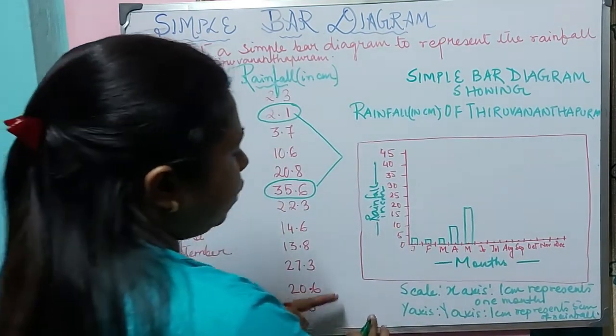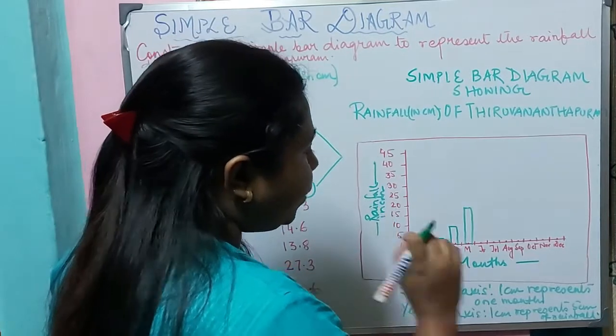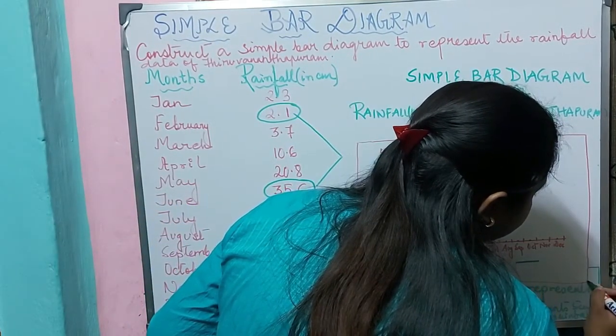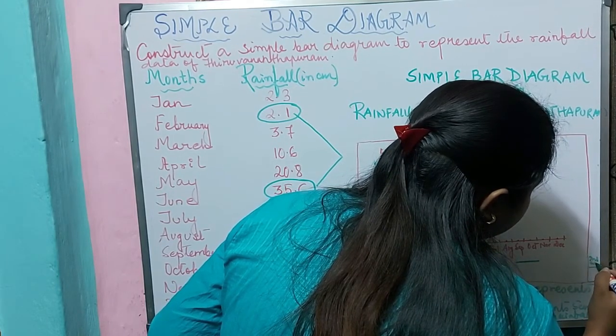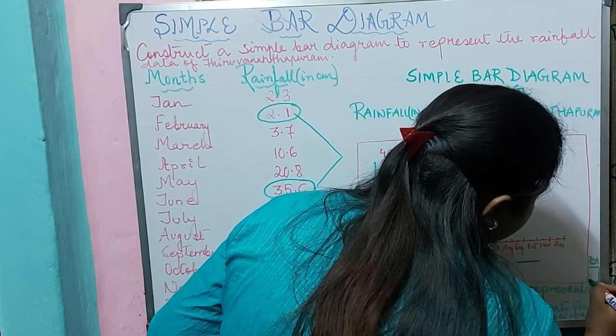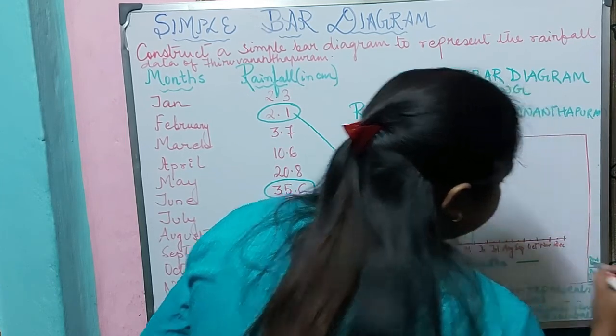So this is the scale which we need to write. We need to put the heading, and also we need to make one index. Just I will draw a bar and write bar. So this is the index.